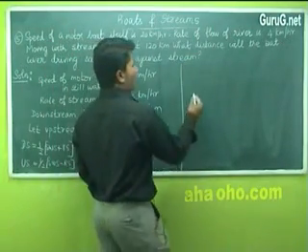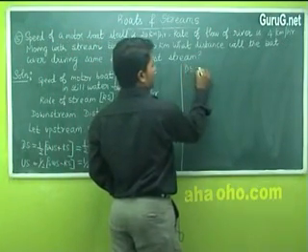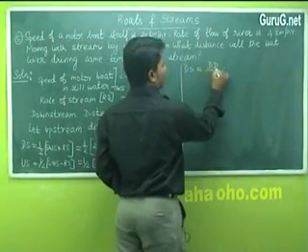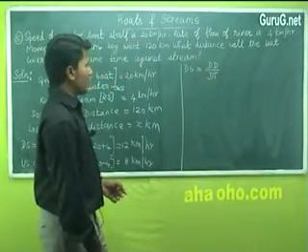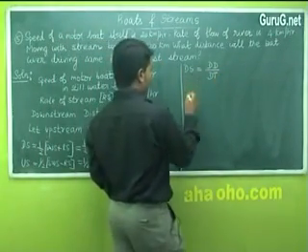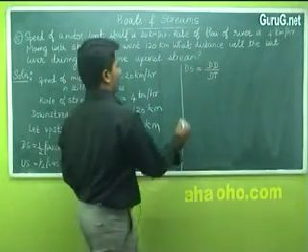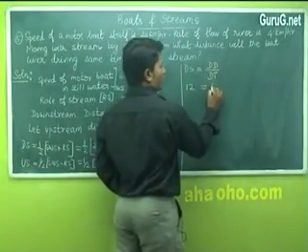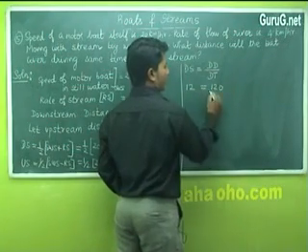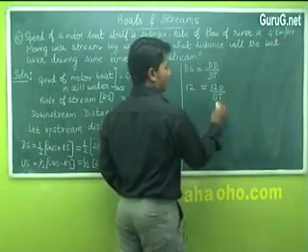So what do you mean by downstream speed? Downstream speed is equal to downstream distance by downstream time. Now what is downstream speed? 12 km per hour. What is the distance covered? 120 km. You don't know the downstream time.